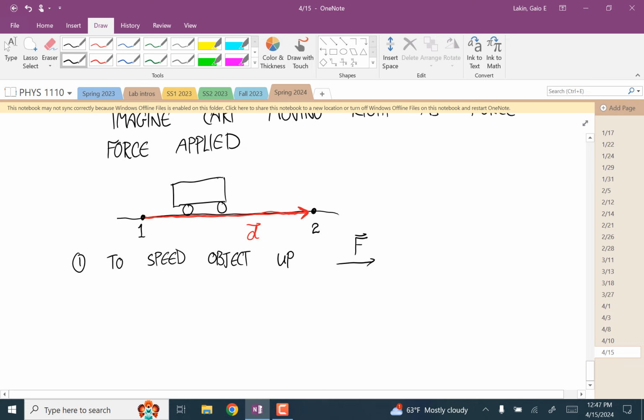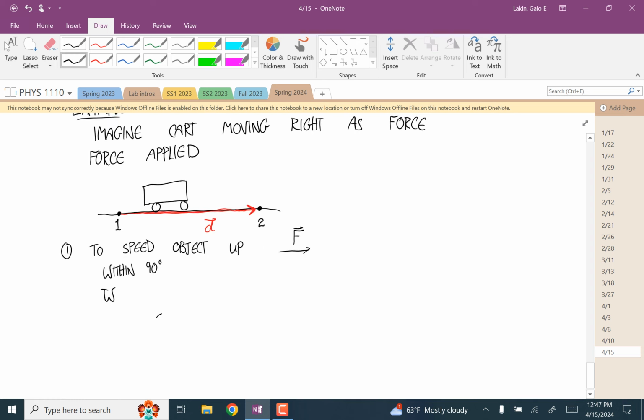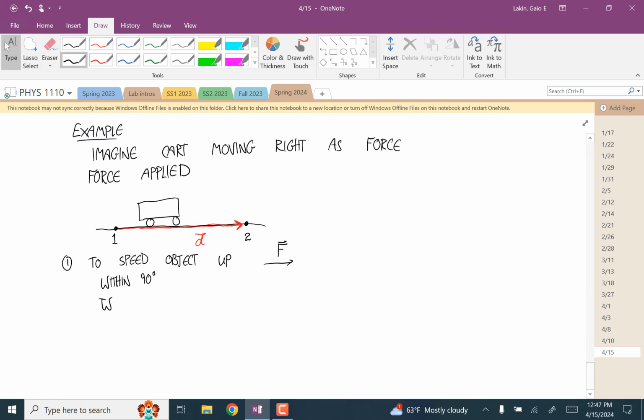That force, since it's within 90 degrees of the displacement vector, the work would be greater than 0. And that means that energy increases. Well, that's what it means when it speeds up. The energy increases.